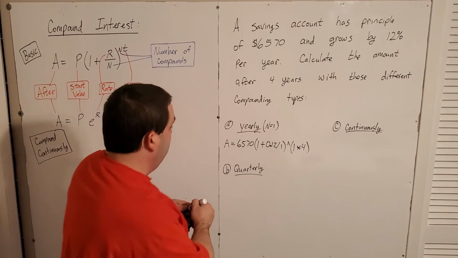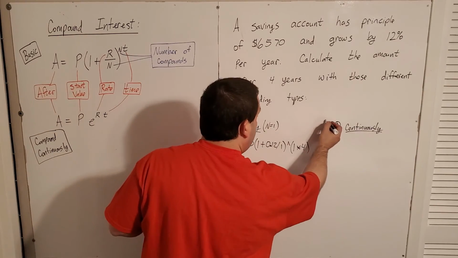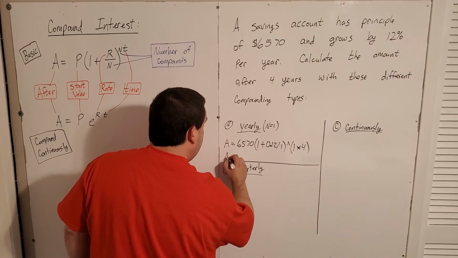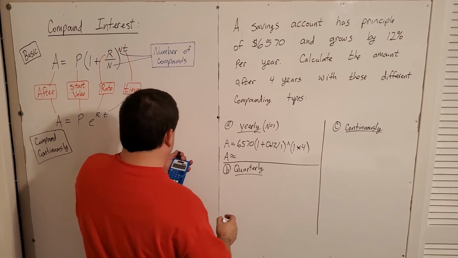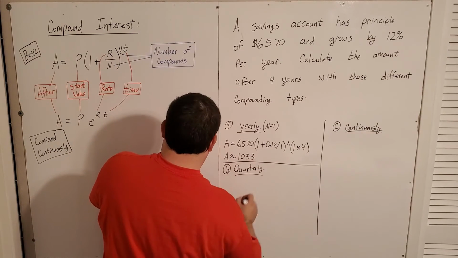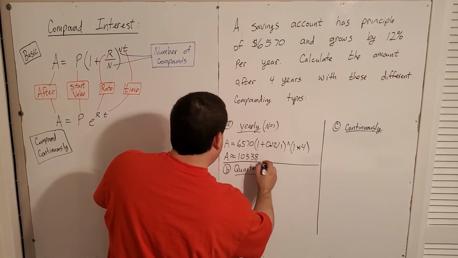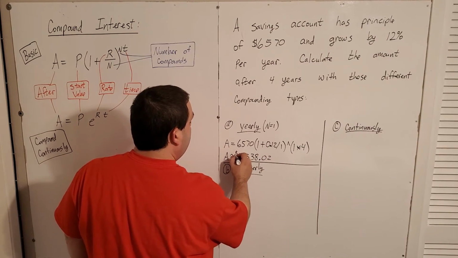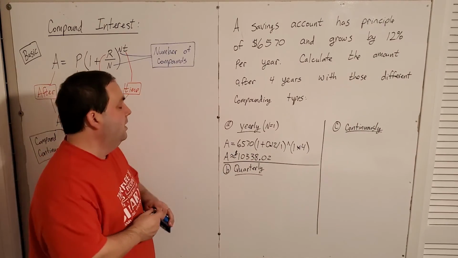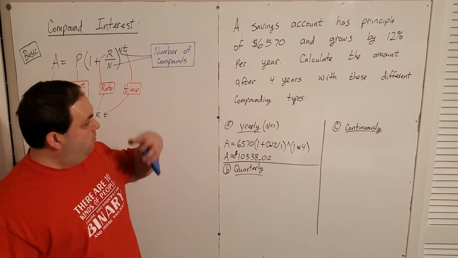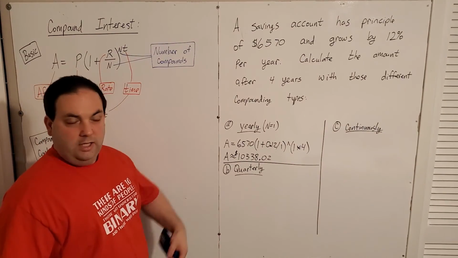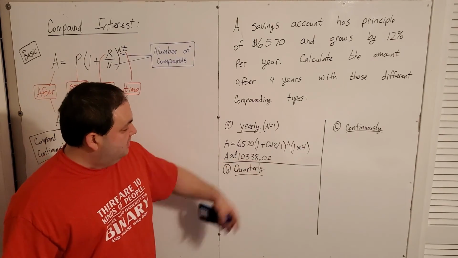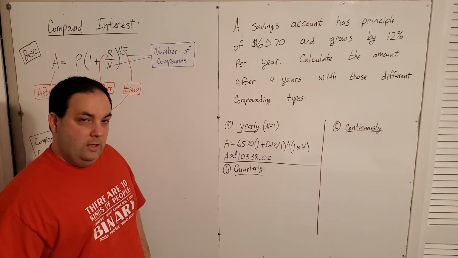Okay, so the value that I get here is that A is approximately equal to 10338.02, rounding to the nearest cent, right? Okay, so if the interest rate is just compounded once per year, in other words, the interest is calculated one time in the year, and then every year the same after that, after 4 years, this is the amount that you would expect to see in that account.